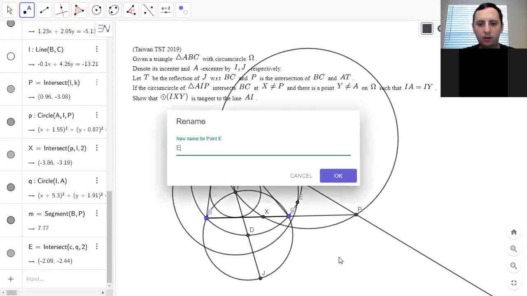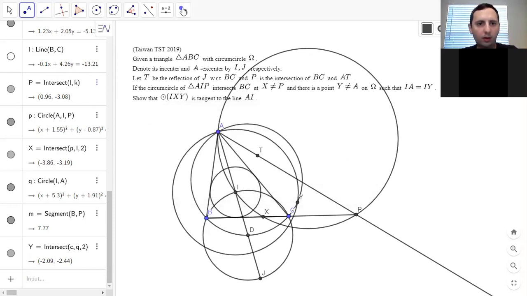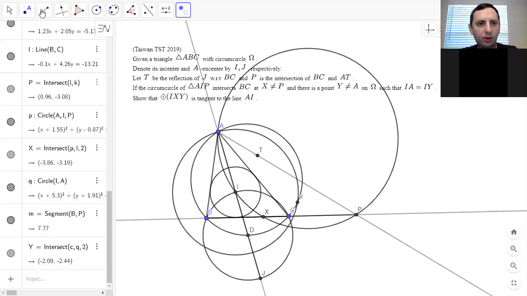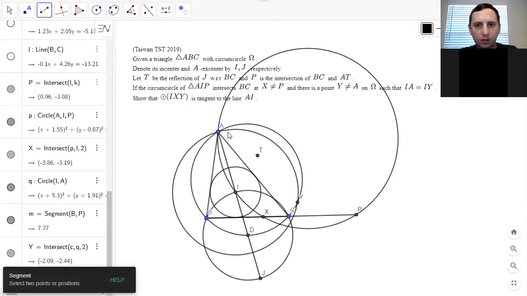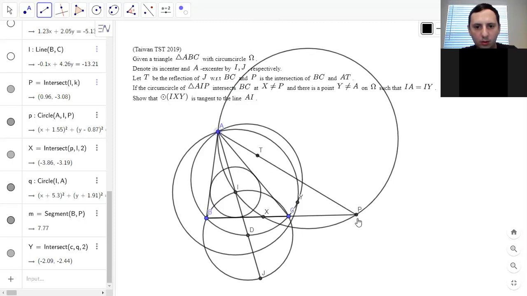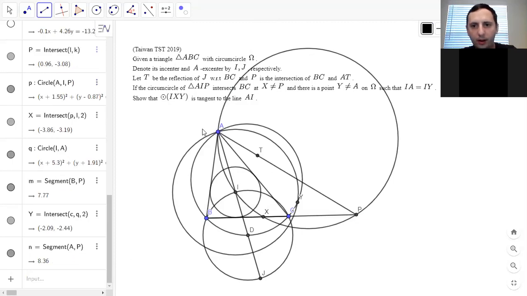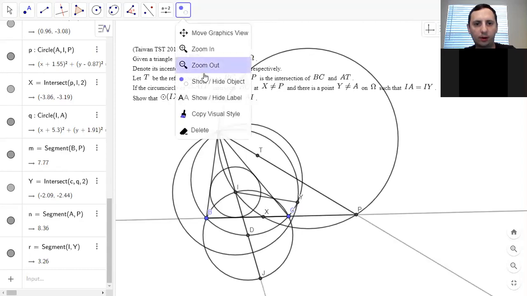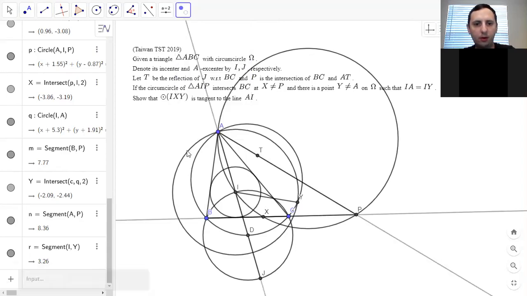Yeah. Let me hide P, and then close the algebra. Wait, IA is equal to IY. Yeah, that's correct. So I could draw IY. I'm just going to hide this circle for now, but we'll remember that IA is equal to IY.